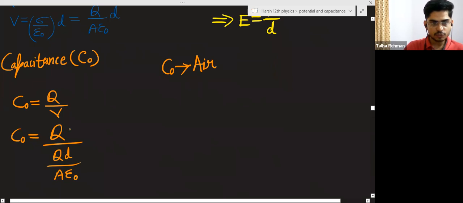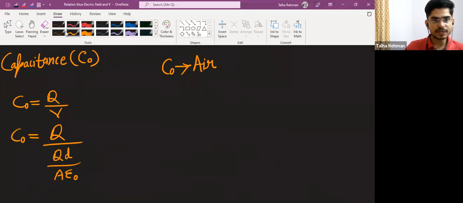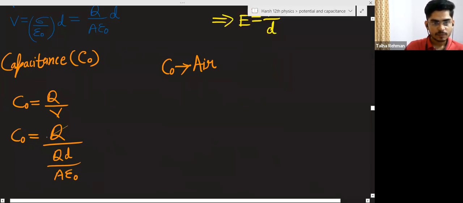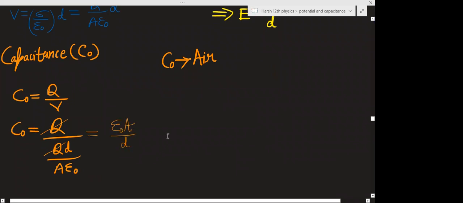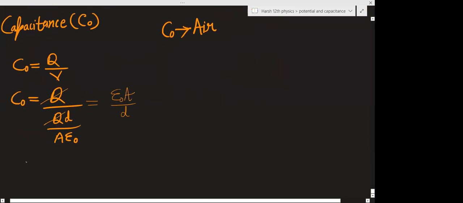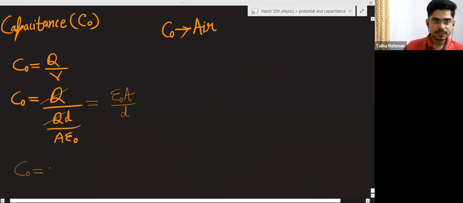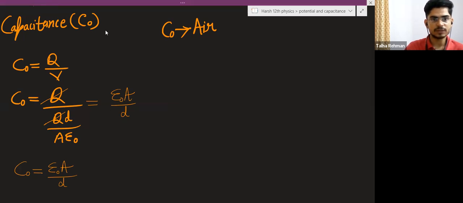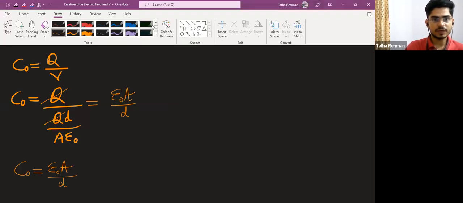And this Q and Q get cancelled out. We will get epsilon naught A divided by D. So C naught, the capacitance, is epsilon naught A divided by D. This is the final formula.